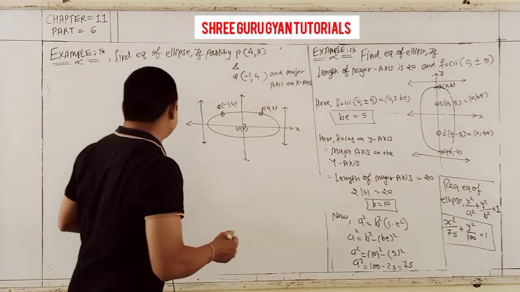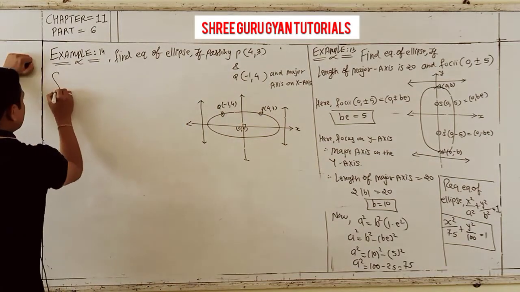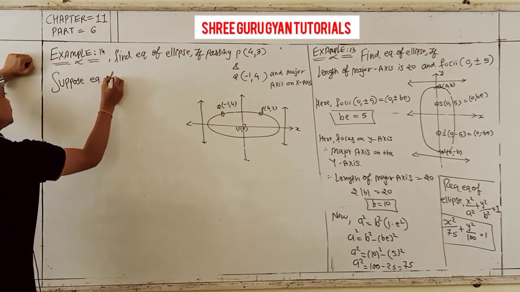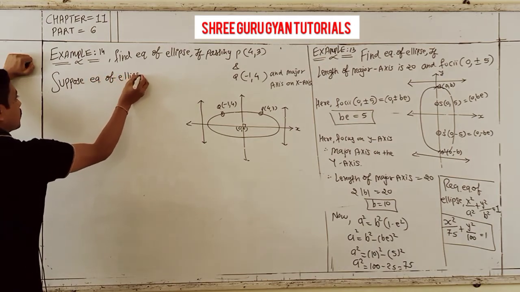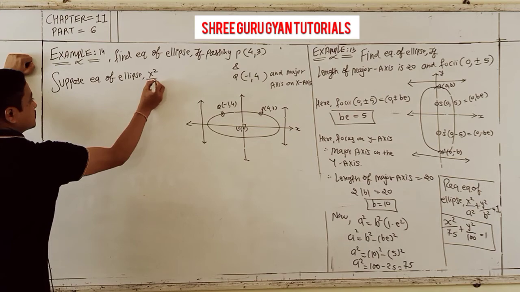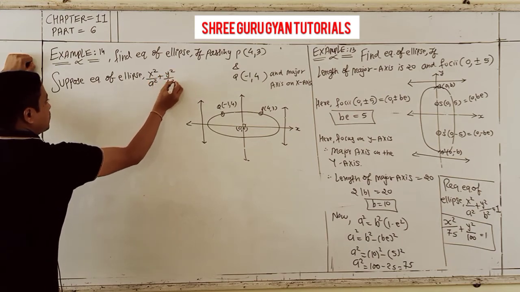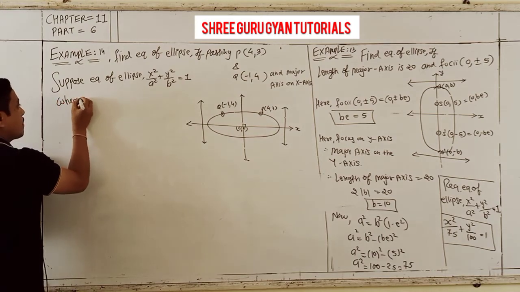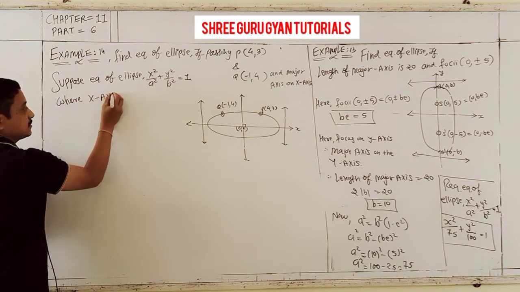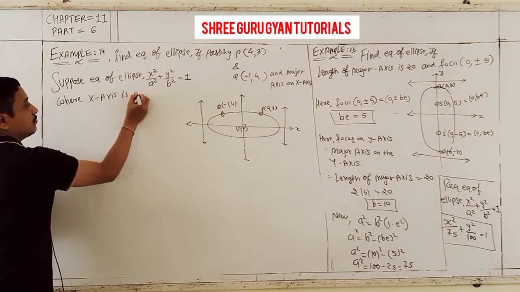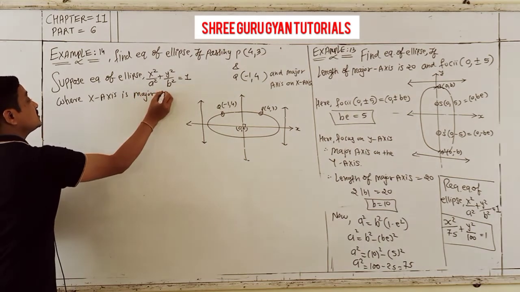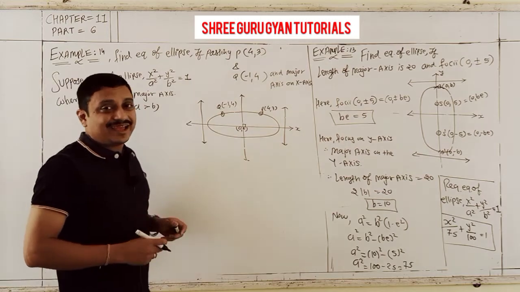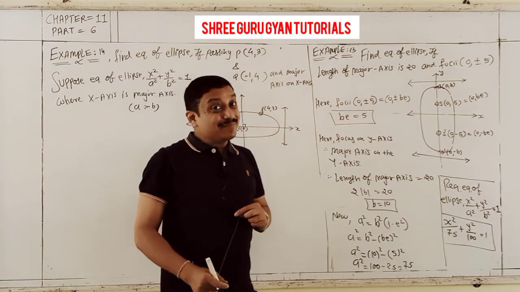Suppose the equation of the ellipse is x square by a square plus y square by b square equals 1, where the x-axis is the major axis. Please confirm you can write a greater than b.